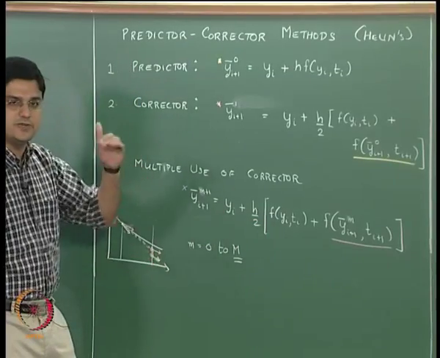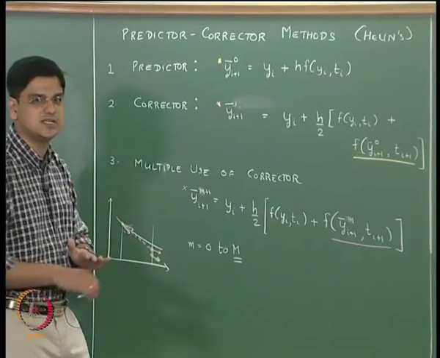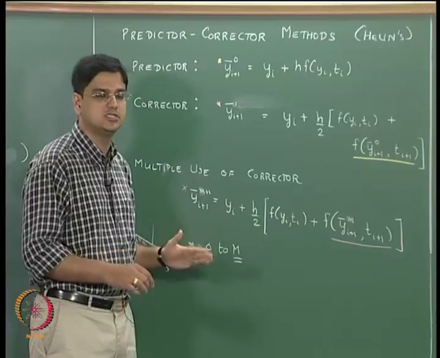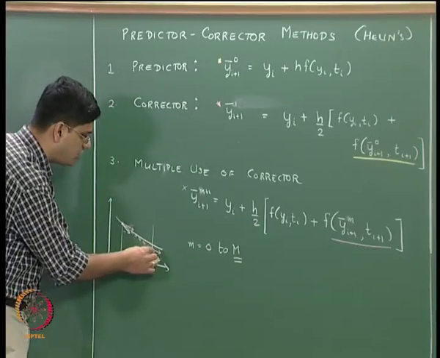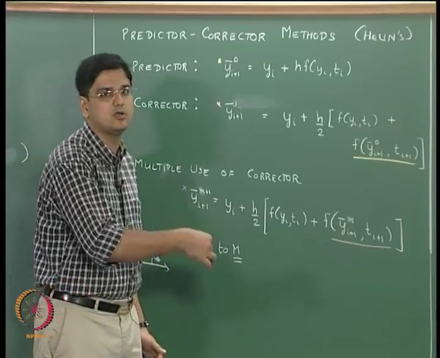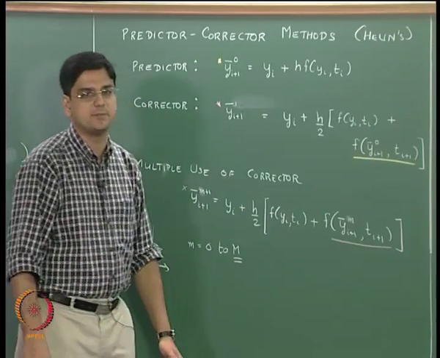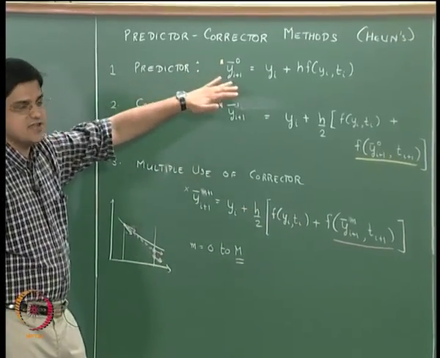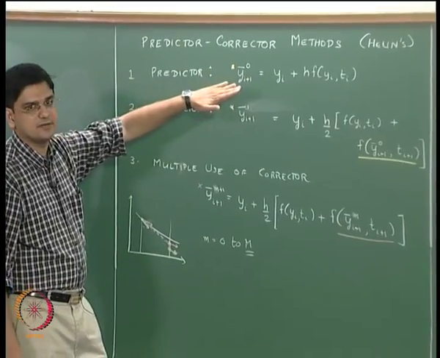When we reach y bar 5, that is when we say that the solution is the solution that we need for t i plus 1, and the entire process is repeated all over again at the next step, okay. So that is the idea behind predictor corrector methods.